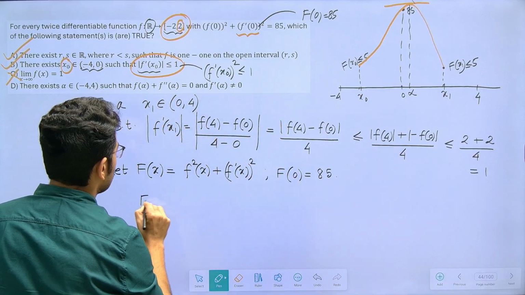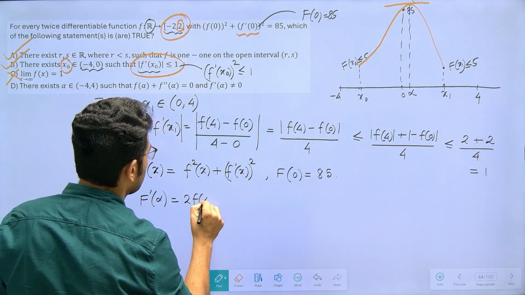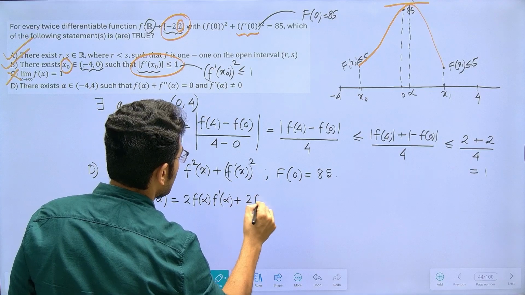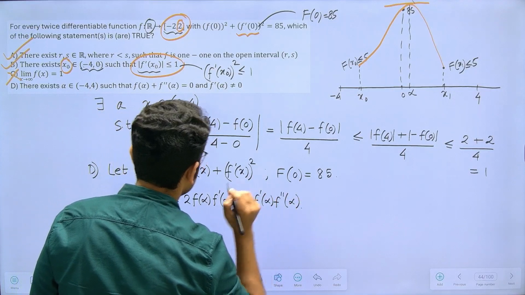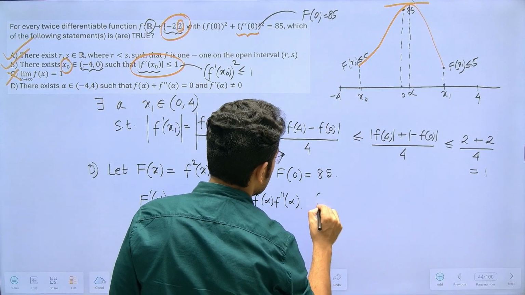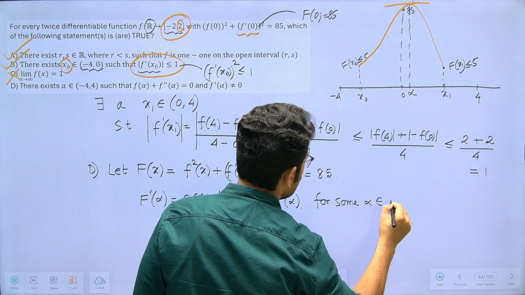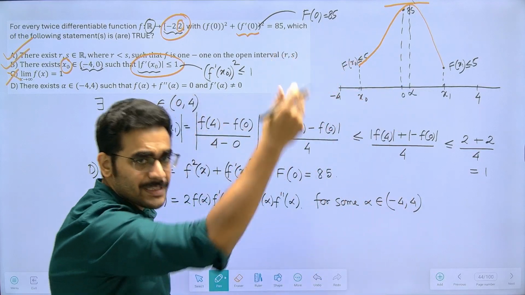So capital F dash alpha will be 2f alpha into f dash alpha plus 2f dash alpha into f double dash alpha. So we can say this for some alpha between -4 and 4.